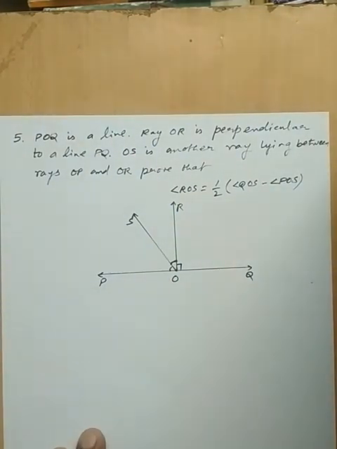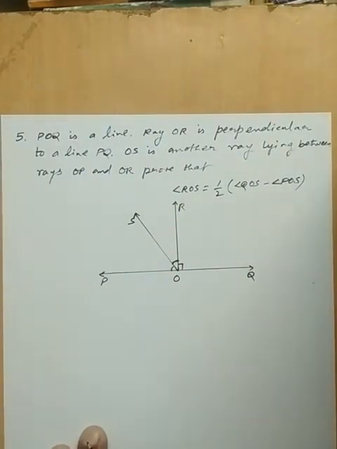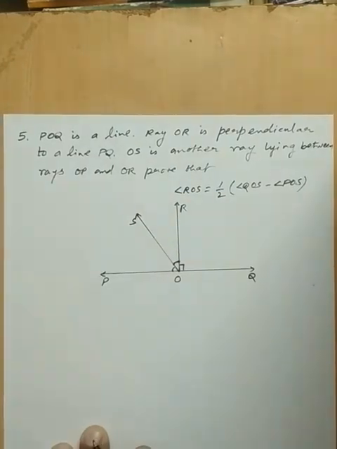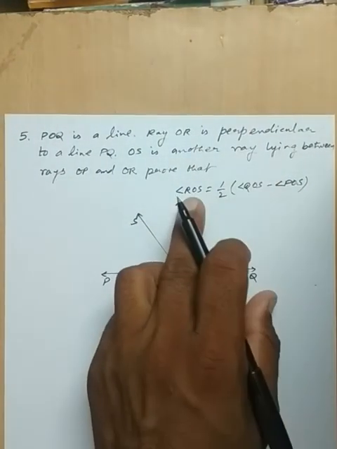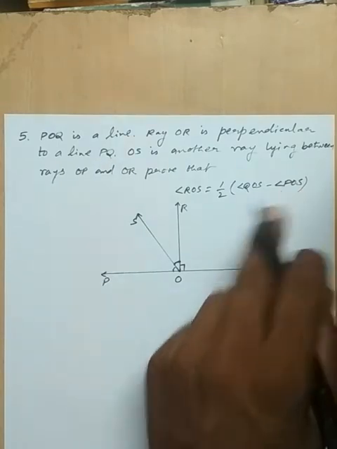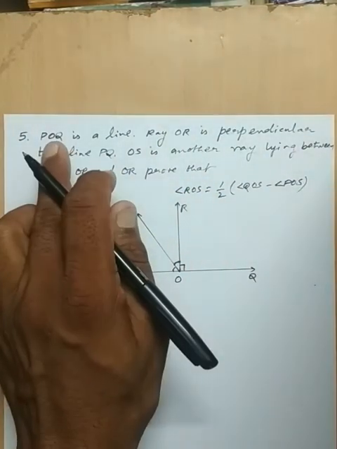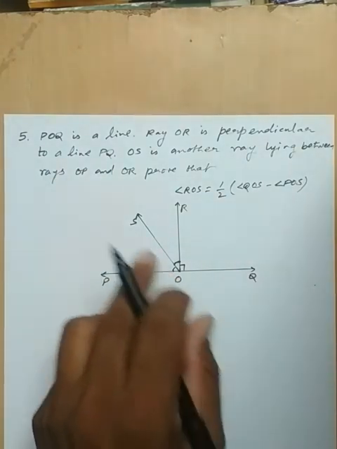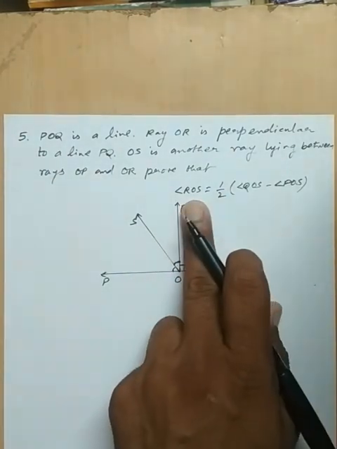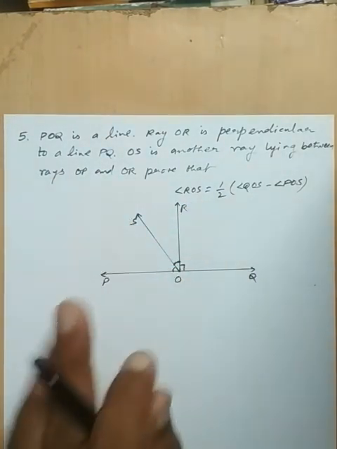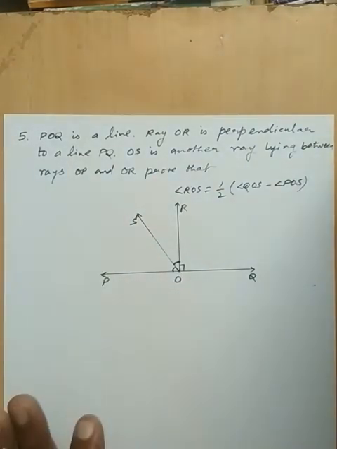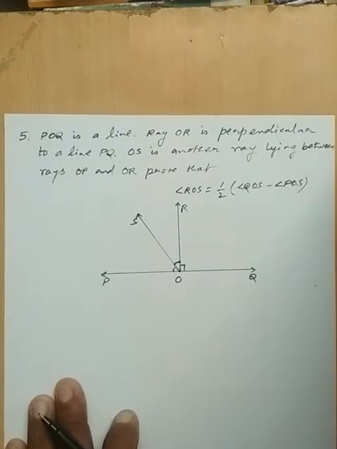So here is a relation between these three angles ROS, QOS and POS, and we should prove it. The given part is a straight line and two rays, one ray perpendicular and another ray OS.